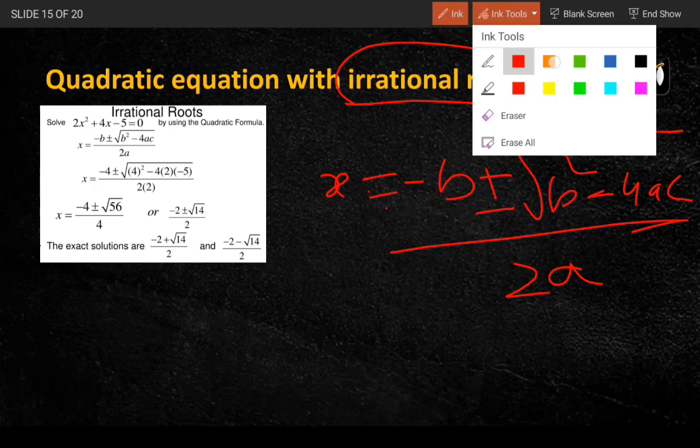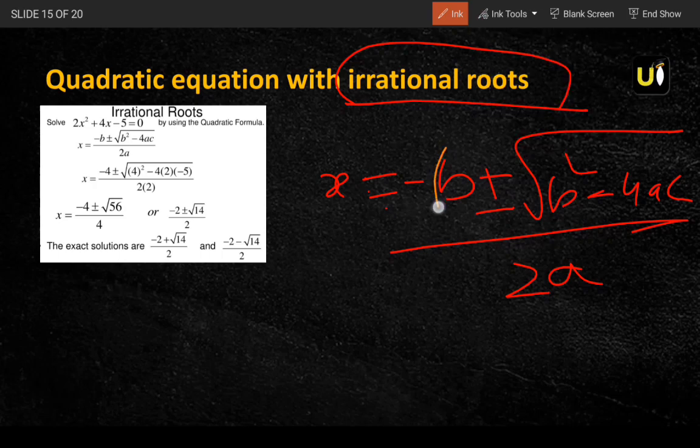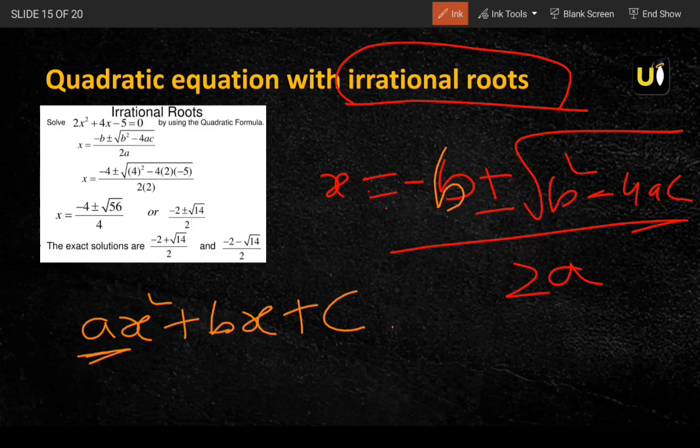These are the coefficients of the quadratic equation. We have discussed before what the general form is: ax square plus bx plus c, right? Here a means the coefficient of the x square term, b the coefficient of the x term, and c is the constant term.